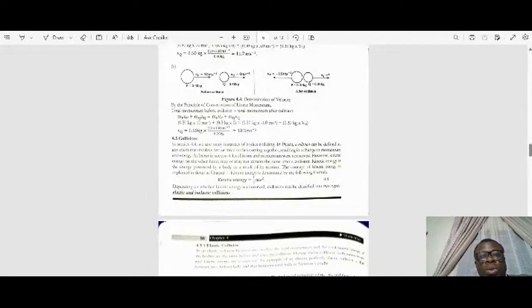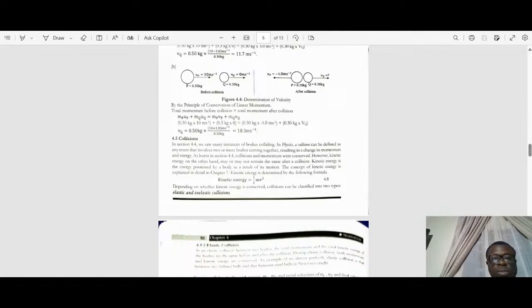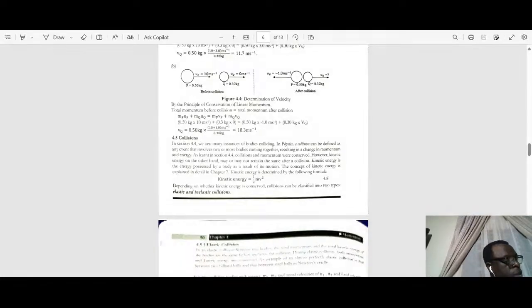So today we'll look at collision. That is where we stopped yesterday. And like I said earlier, you need to have your textbooks close to you. Like I mentioned yesterday, there are 2 types: the elastic collision and inelastic collision.